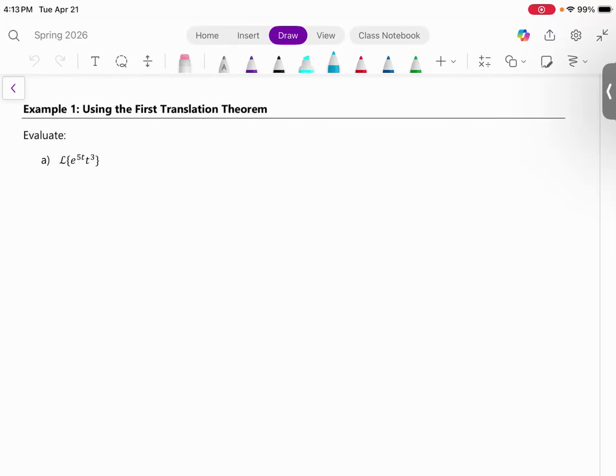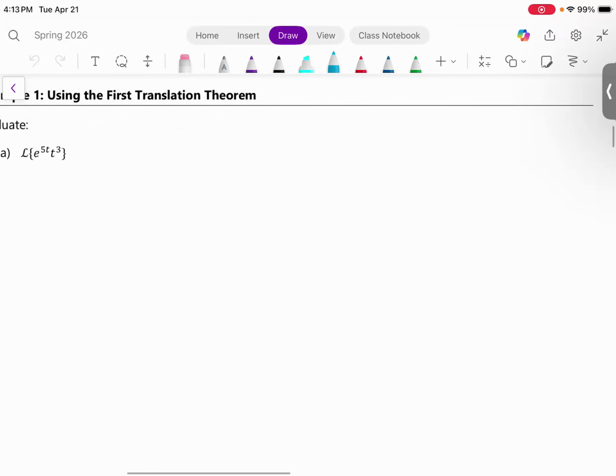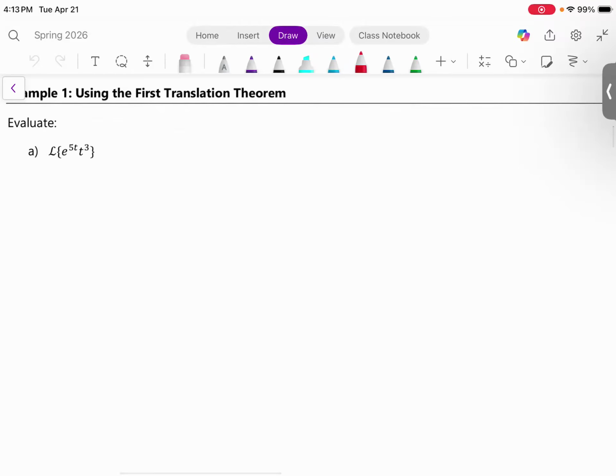Okay, so we have this function that we want to Laplace. Here we have e to the 5t, t cubed. Remember the first translation theorem. What does that state?